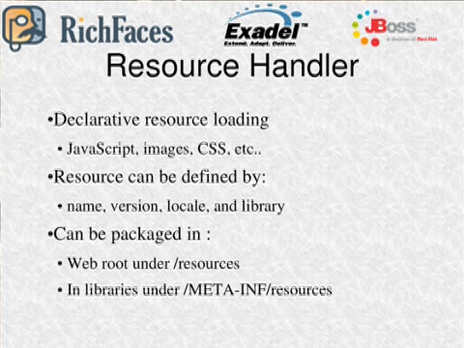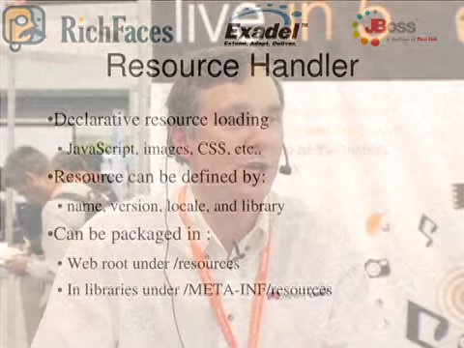Resource handling is also a very necessary feature for any application because of the nature of the HTML language, where the whole page seems a single object, but really contains a lot of separate objects like images, JavaScript code, libraries, and style sheets.